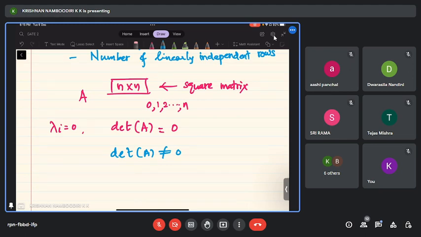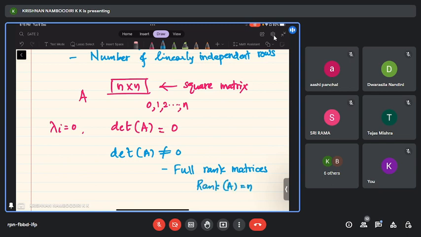Such matrices are called full rank matrices. You can have a lot of other terminologies for the same matrix. If the determinant of A is not equal to 0, then the matrix is a full rank matrix, or in other words, the rank of A equals n.